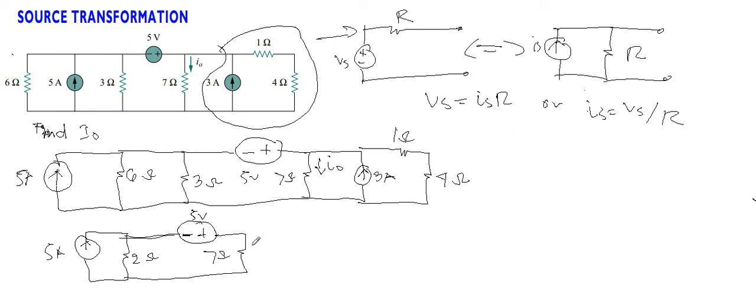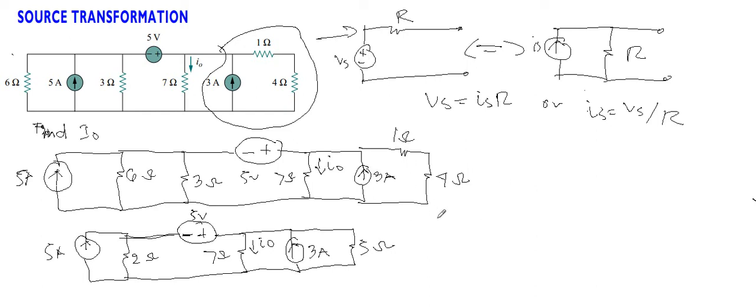Ito yung hinahanapan. Also, we have this one, 3 amperes. So, we have 5. Hindi ba? Kasi series sila. So, we have 5 ohms. So, now, dito naman, pwede naman natin i-simplify. Di ba? Kasi pwede natin gawin ganito.